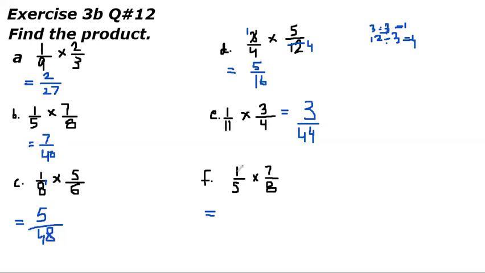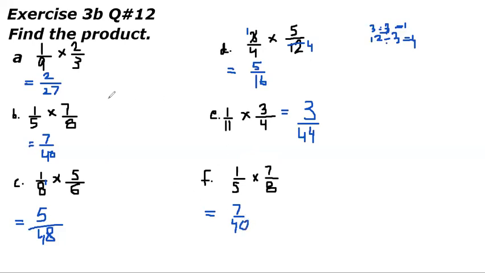Now the third thing is you have to check up and down, numerator and denominator. 1 is in the numerator, when there is 1 there is no need of cancelling. 7 and 8, 7 is not a factor of 8, so we cannot do the cancelling of 7 and 8 also. So we have to simply multiply numerator with numerator. 1 times 7 gives us 7 and 5 times 8 gives us 40.